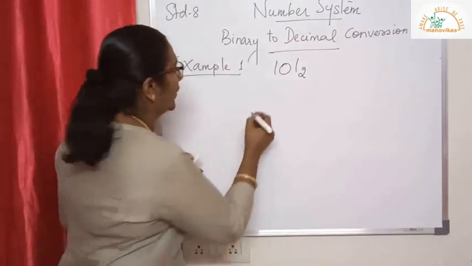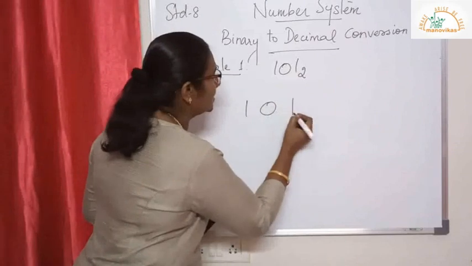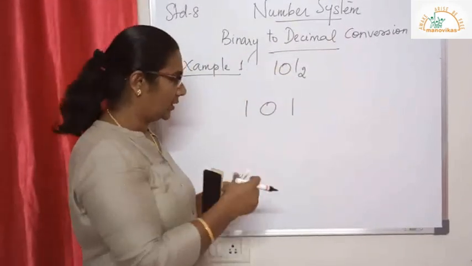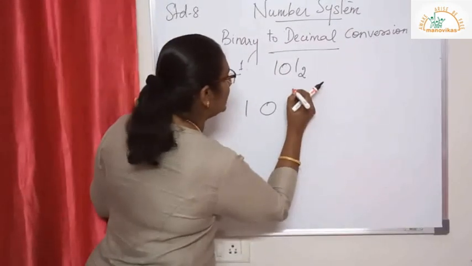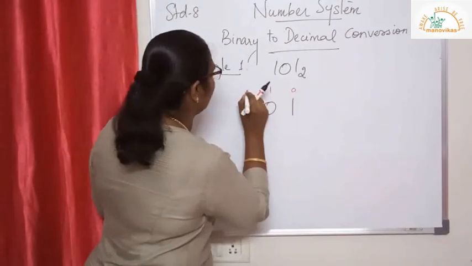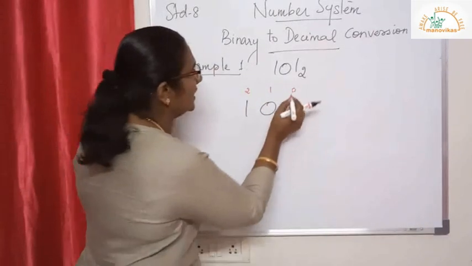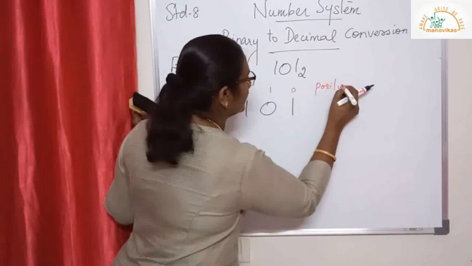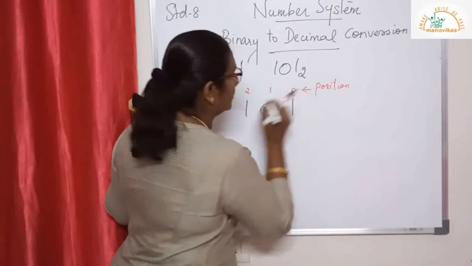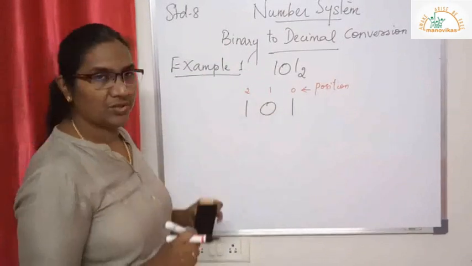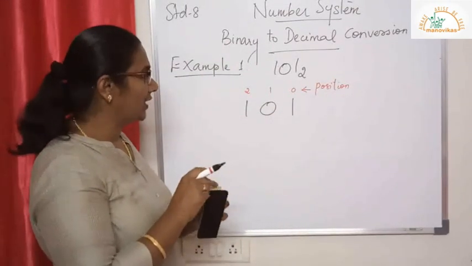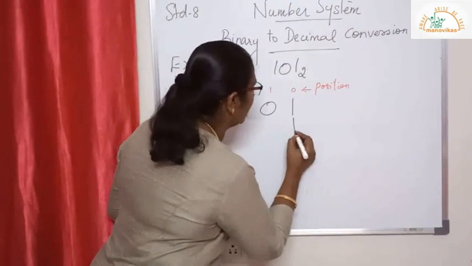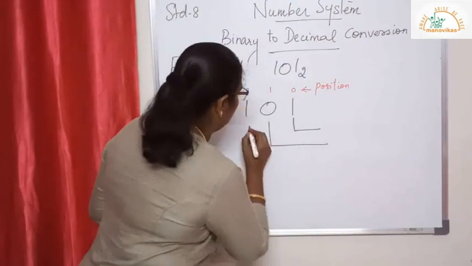Step number 1, write all the digits of the current number system, that is binary. Now, please write the index for each one, that is the index starting from 0, or the position of each digit.